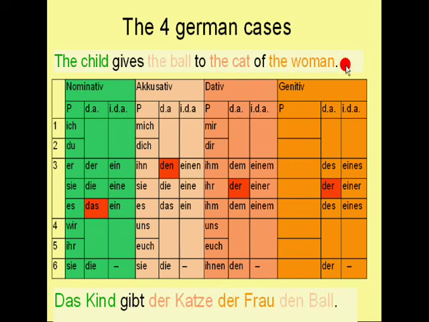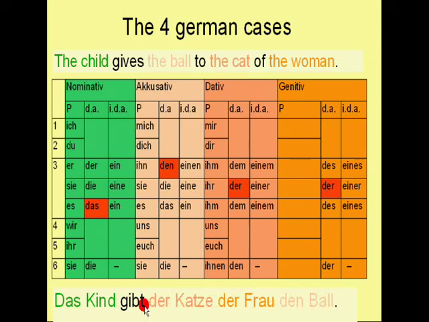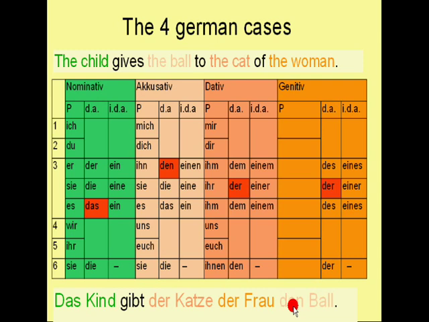So in this case the woman does not possess the child, so to speak, but she possesses the cat. And in German the word order would be like this: subject, then the verb, then the indirect object, the dative object, which is followed by the genitive case, and then the direct object. A sentence would read, das Kind gibt der Katze der Frau den Ball.